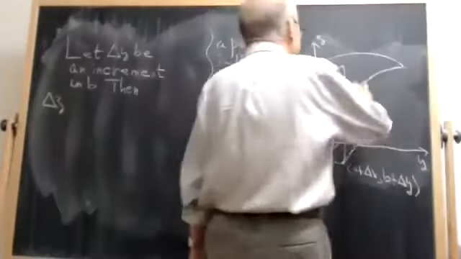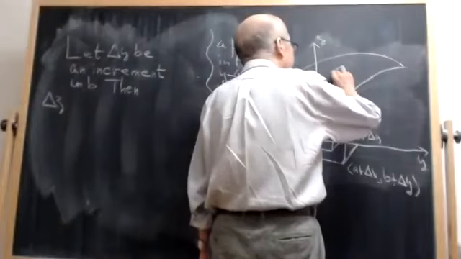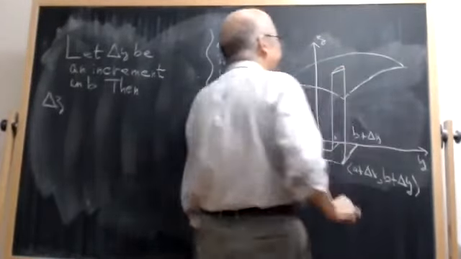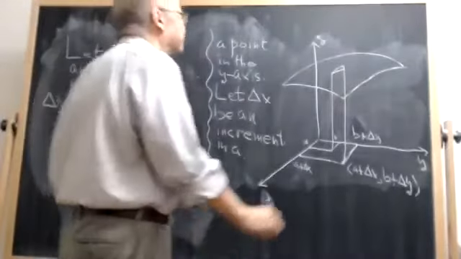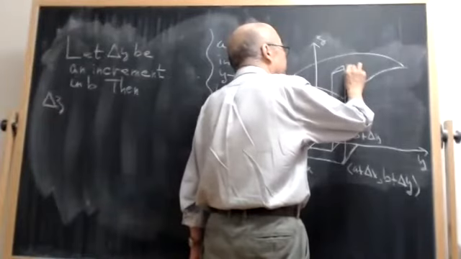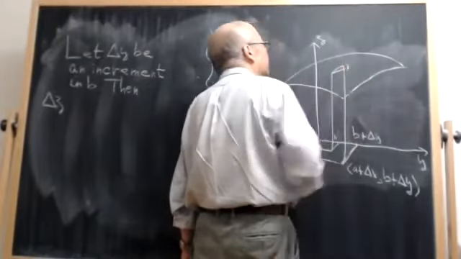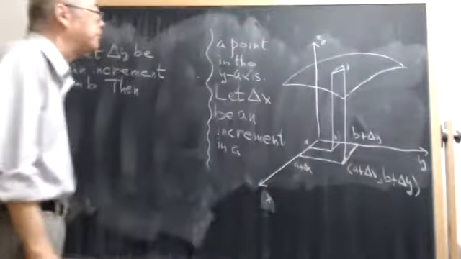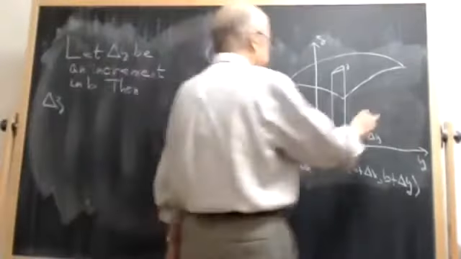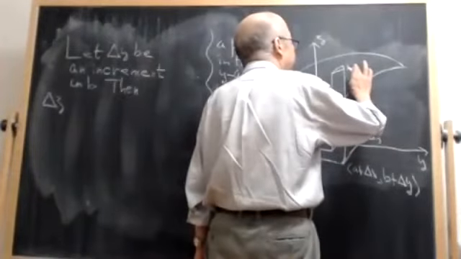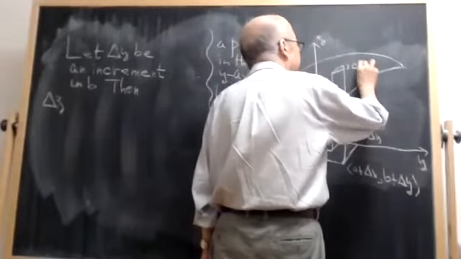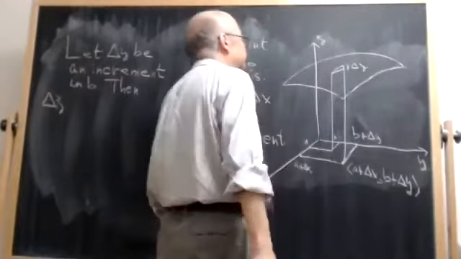And I am going to look at something like this. So this much here, which is very small, is delta Z. Right?